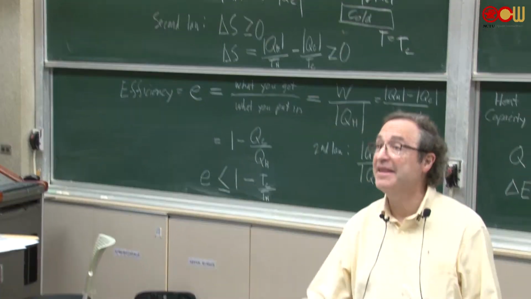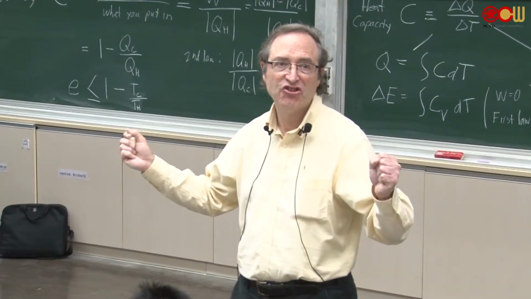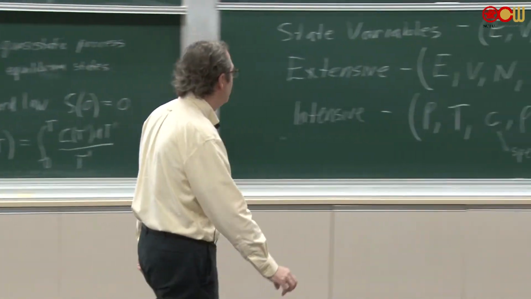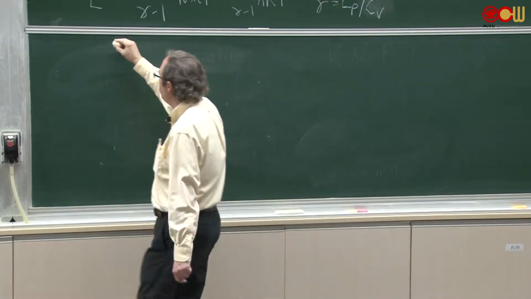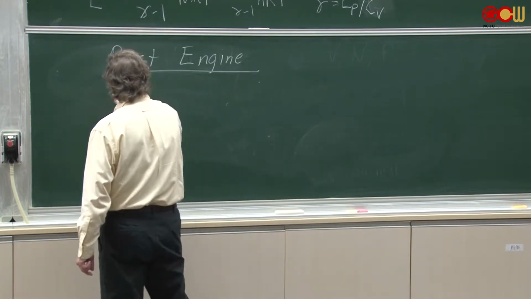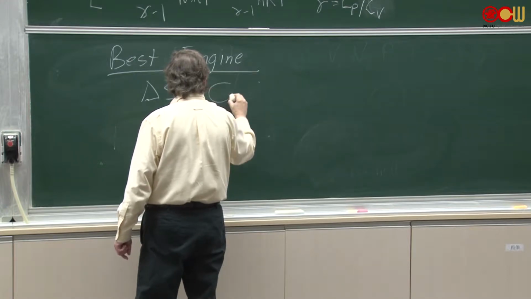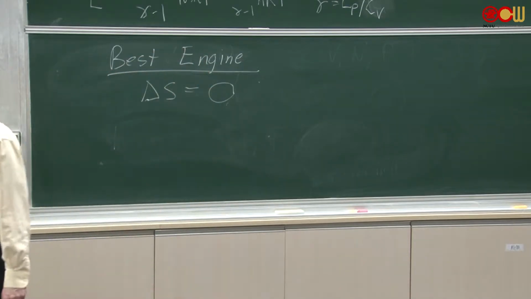So how do we get the best engine possible? All right? So what's the best engine we could do? So the best engine would be delta S equals 0. That's the best you could do.